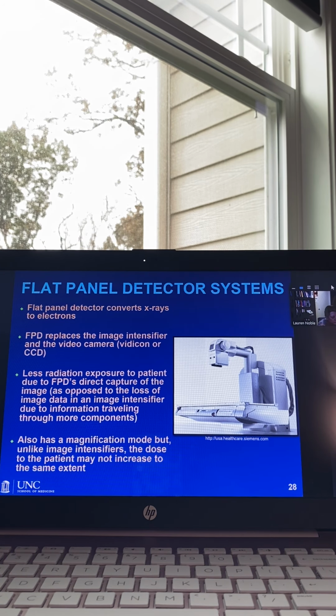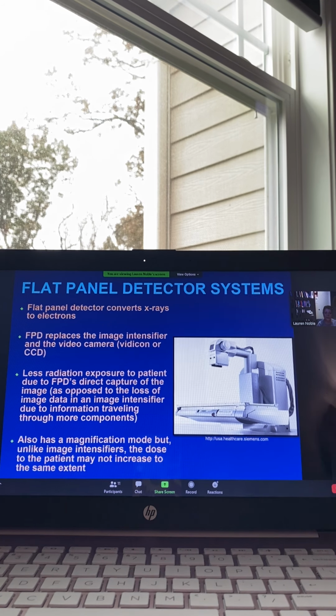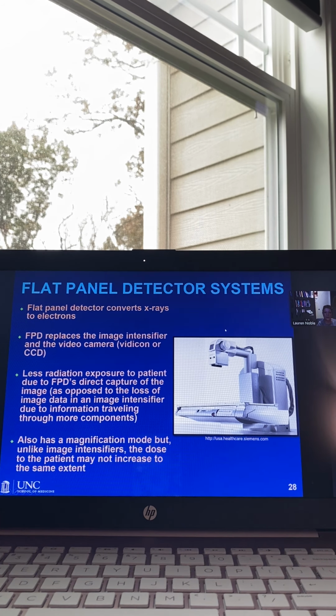Now, the newer systems that are in some facilities may look like this. Have any of you seen a system like this in fluoro? Where were you? Over at Duke? One of the UNC rooms has this.